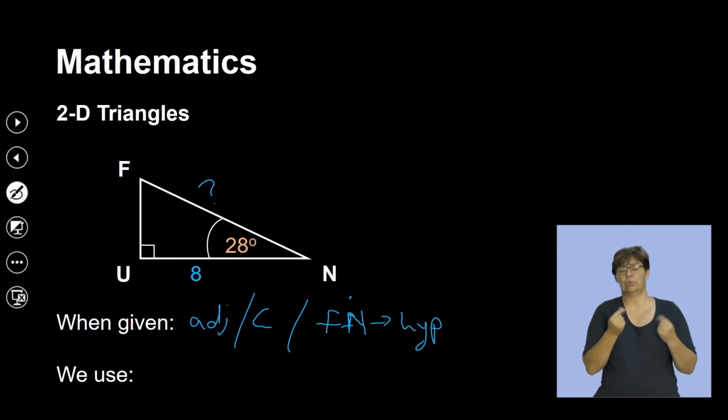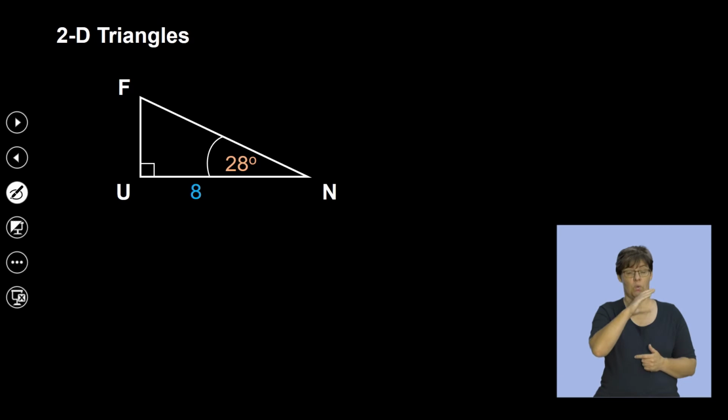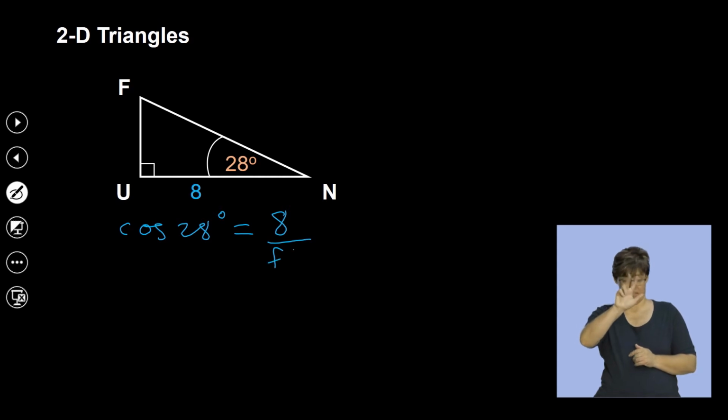So to do that, we will also use the cos ratio. This will still be cos of 28 degrees equals adjacent, which is 8, over FN, which is what I'm trying to find.